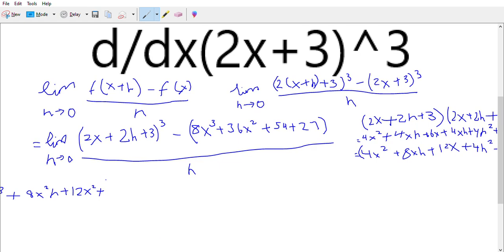So that's 16x squared h, and now 8xh plus 8hx times 2h, so that will be 16xh squared. That too was horrible. And then 8xh times 3, so that is 24xh.